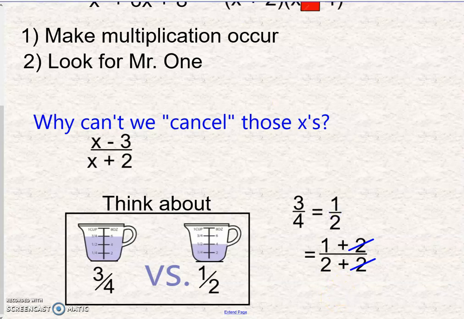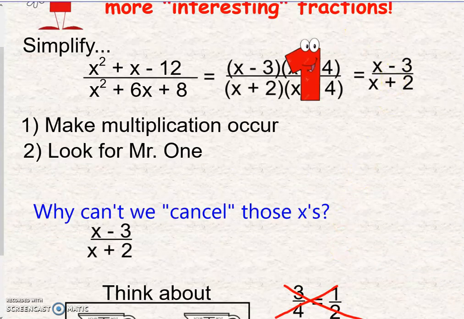Absolutely not. That is just not true. So that's why canceling doesn't work. It's why making 1 works, but it only works if you have multiplication. And these x's are not attached to these two numbers through multiplication. So if it's not multiplication and you can't make multiplication by factoring, you're done.